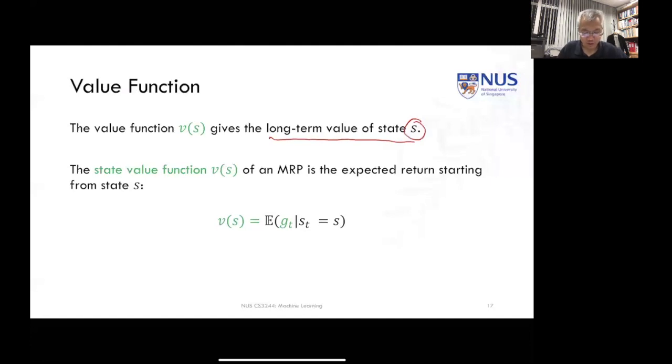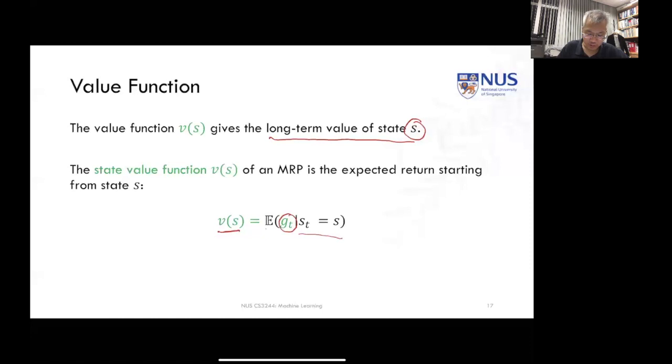So we're going to say that the value of being in the state is equal to the case where, given that we're starting in the state, what is the expected gain from being at that time step to all of the future time steps, right? Because our gain is defined as the cumulative rewards, possibly discounted, from being in a certain state, okay?